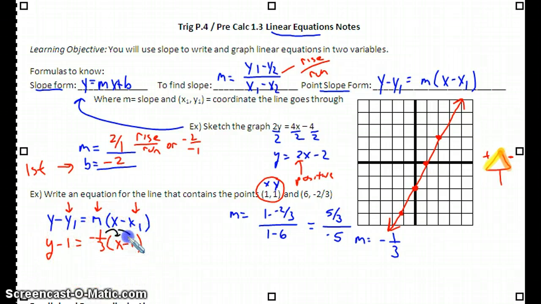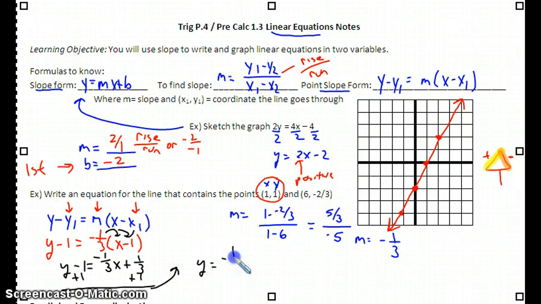So you need to multiply the negative 1/3 in, and then add 1 to both sides. And you would end up with y equals negative 1/3 x plus 4/3. And that would be the equation for this line.